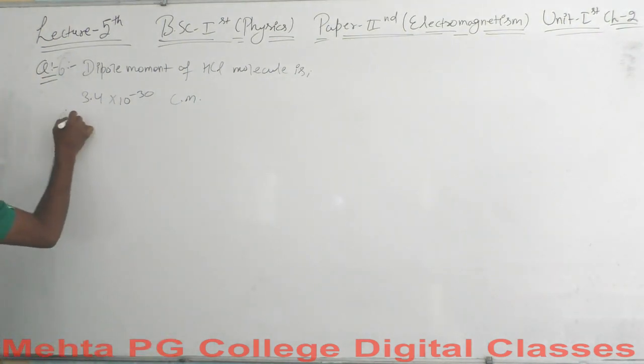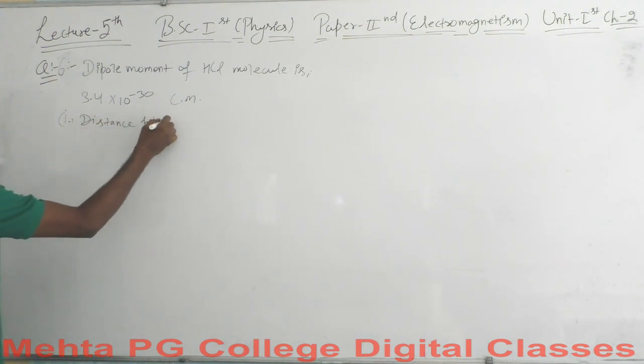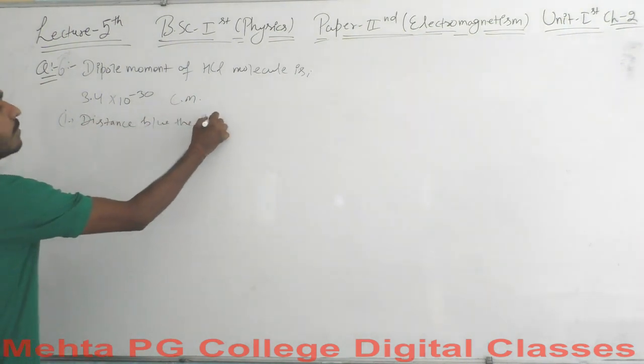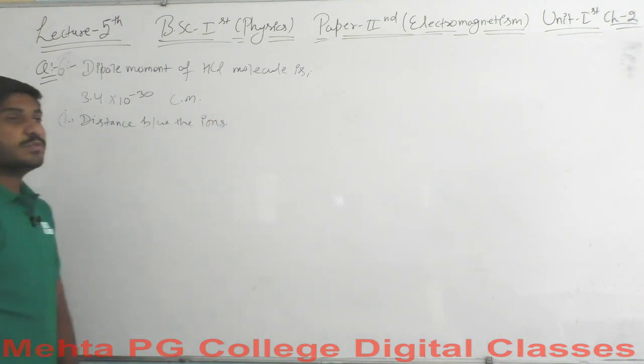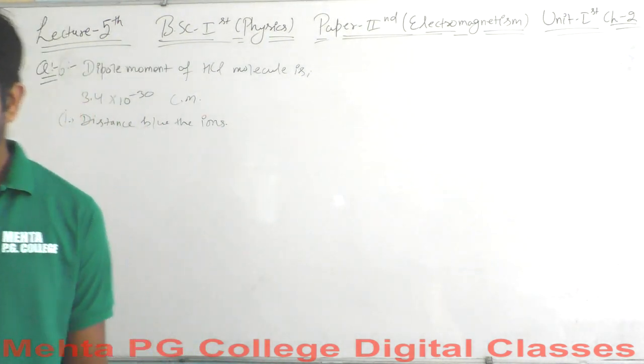First, what would be the distance between the ions, that is, the H plus and the Cl negative? What should be the distance here?